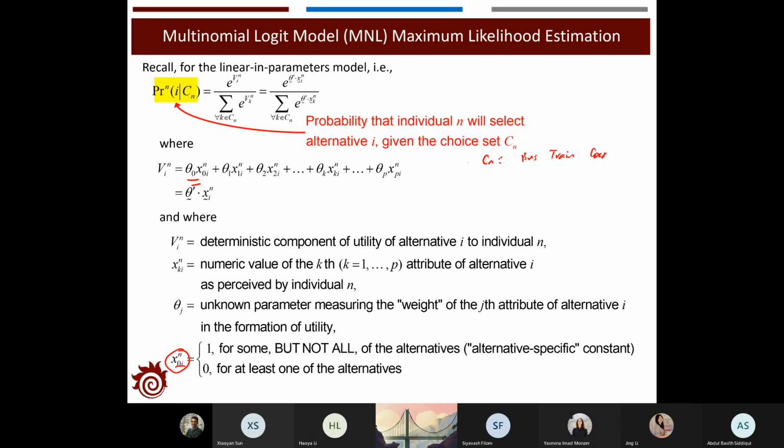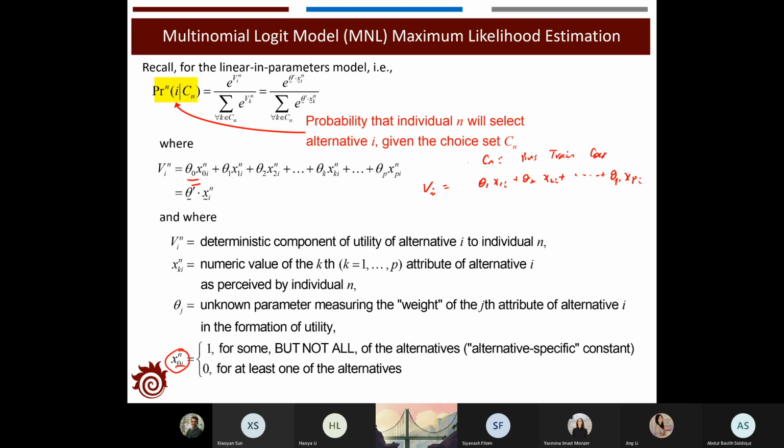Ideally, you will have Vi equal to theta 1 x1 plus theta 2 x2 up to theta p xp, but that's just for the mode i.